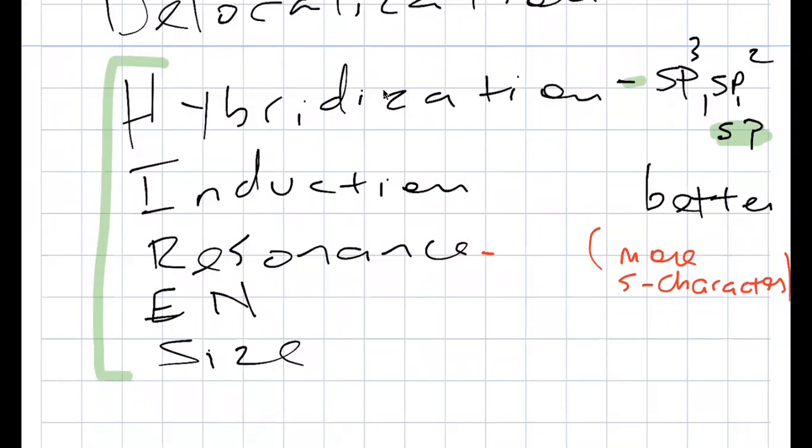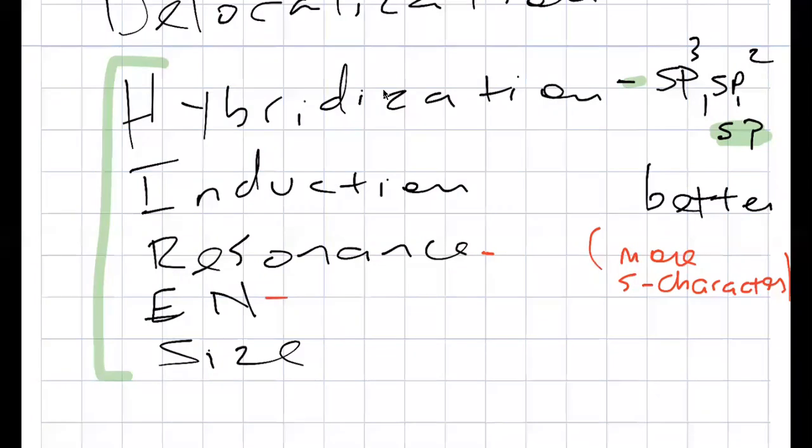But that's a way to delocalize electrons, right? Through resonance. And then electronegativity, we know what that means, right? It's the atom's affinity for electrons. More electronegative atoms stabilize charge better than less electronegative atoms.